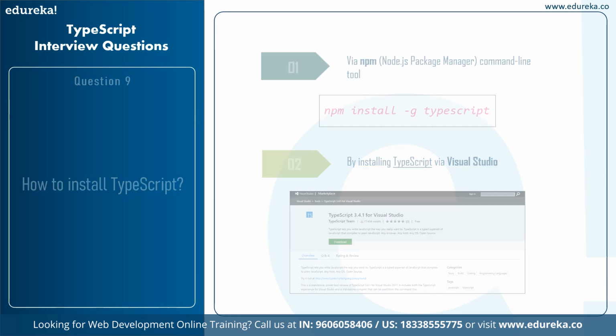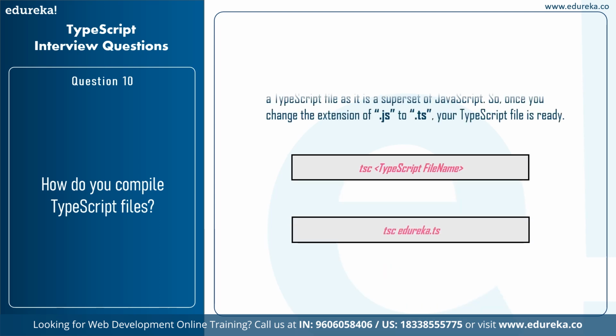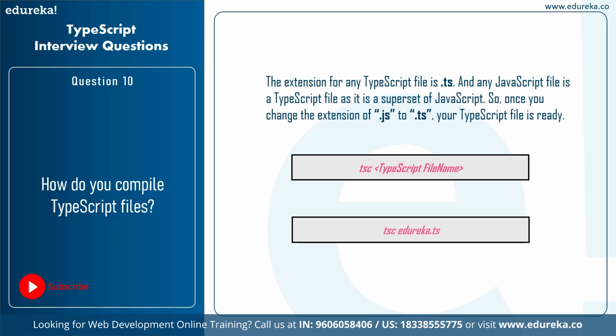Now moving on to the next question, how do you compile TypeScript files? Now the extension for any TypeScript file is .ts, and any JavaScript file is a TypeScript file as it is a superset of JavaScript. So once you change the extension of .js to .ts, your TypeScript file is ready.